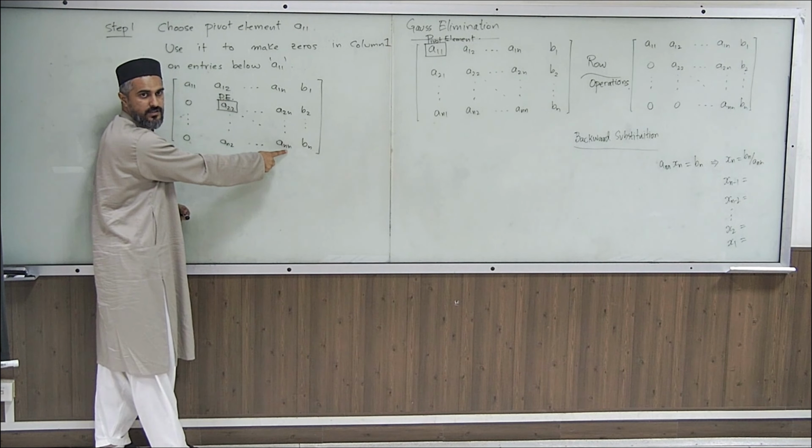Now the thing is, for example, at the first pivot element, what are the operations which are allowed? Obviously, as I already told you, we can multiply by a scalar. We cannot multiply by a variable because that will change the linearity of the equation. Then the equation will not be linear.